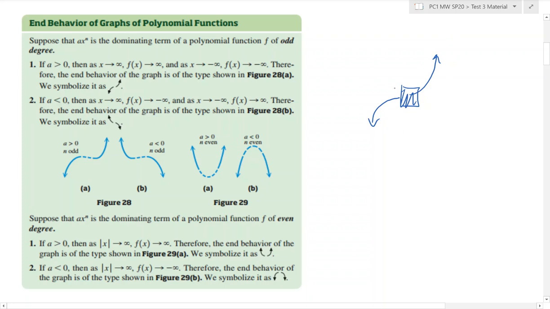So as x goes to the left, y is going down. Okay, so it's that type of language all the way through here. For us to be able to categorize these a little quicker, we can just use these little end behavior symbols of a down, up, an up, down, an up, up, and a down, down.